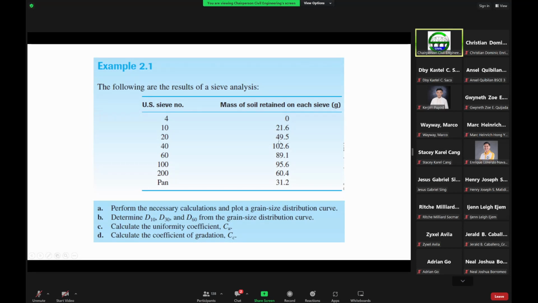And for the others, you were able to get the soil mass, with these corresponding values. We are asked to perform the necessary calculations and plot a grain size distribution curve. Determine the D10, D30, and D60 from the curve. Then calculate the uniformity coefficient C sub U, and the coefficient of gradation C sub C.